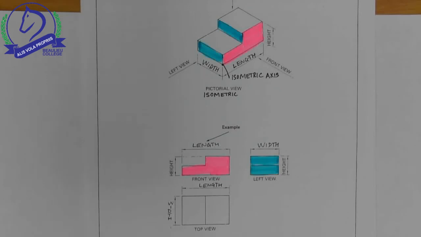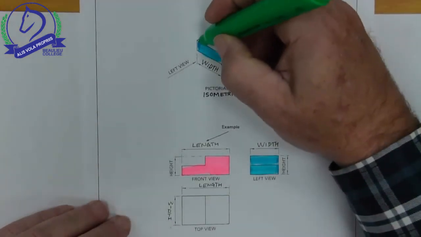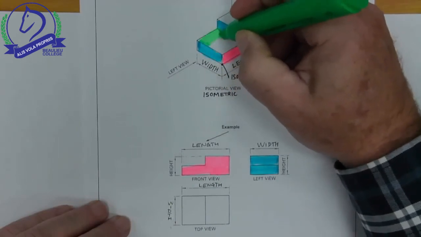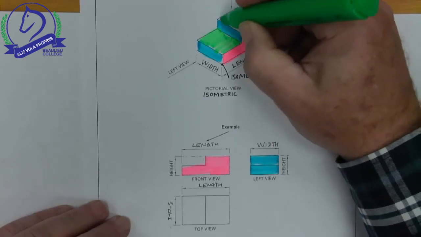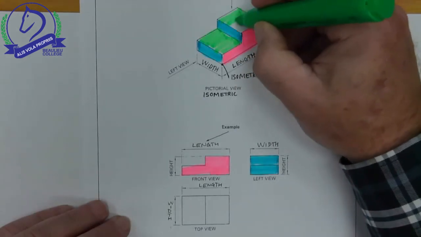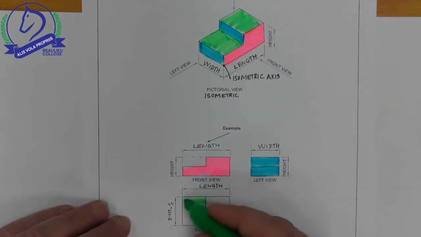And the last shape, our top view, what do we see when we look down at this object? And that's going to relate with the top view here.